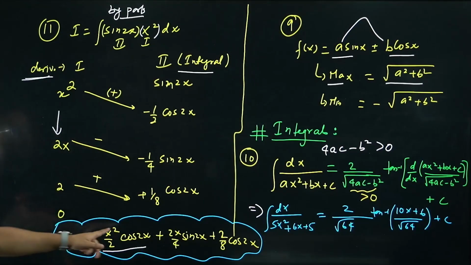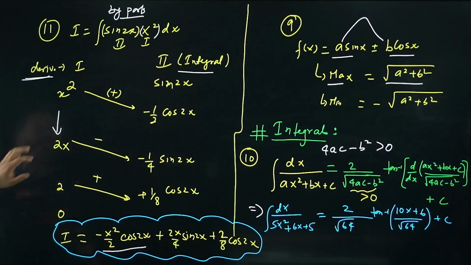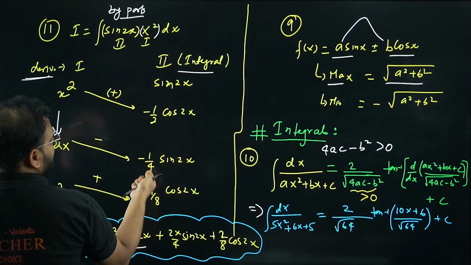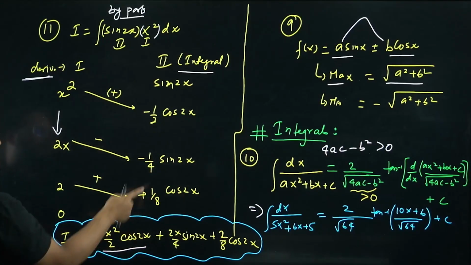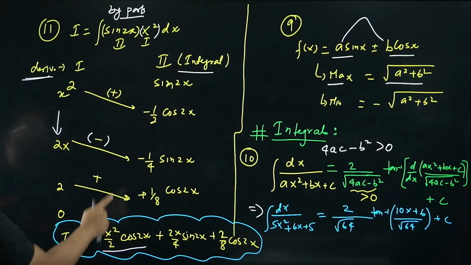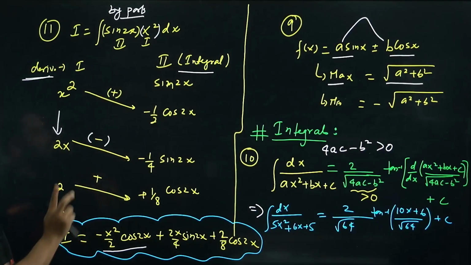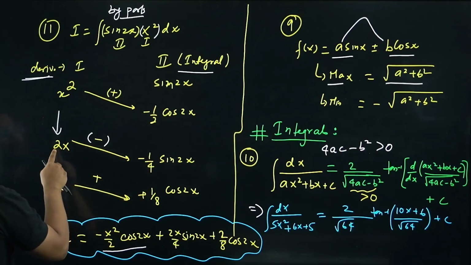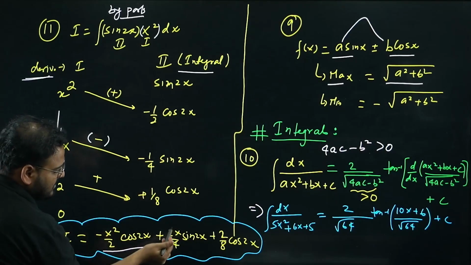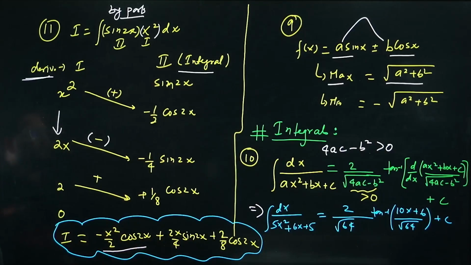Second, 2x, and the integration of cos will become sine, divided by 2 once more, so you'll have 1 by 4. Now multiply, but there will be a minus sign over here and a minus sign over here, so minus into minus will become plus, so plus 1 by 4 into 2x will cancel one of the 2's, and you'll have x by 2 sin 2x, or 2x by 4 sin 2x.